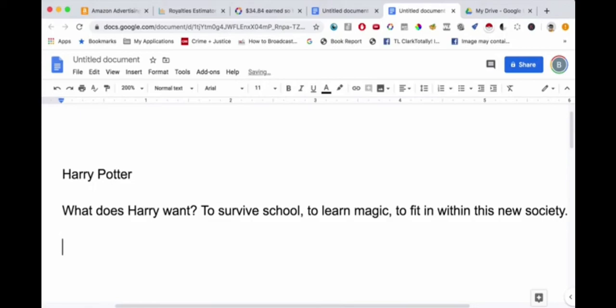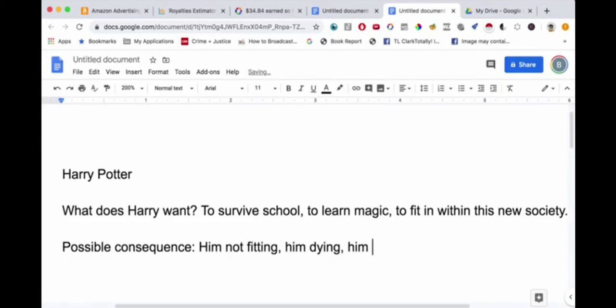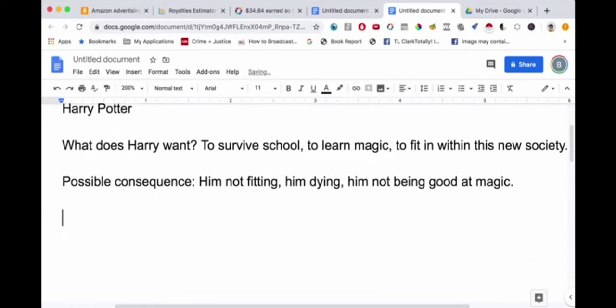But what is the possible consequence? Possible consequence: him not fitting in, him dying, him not being good at magic. I was going a little away from the mic there. Sorry about that. All right.